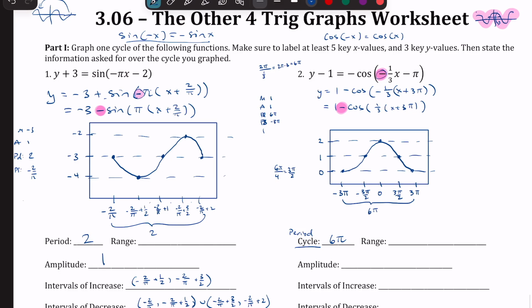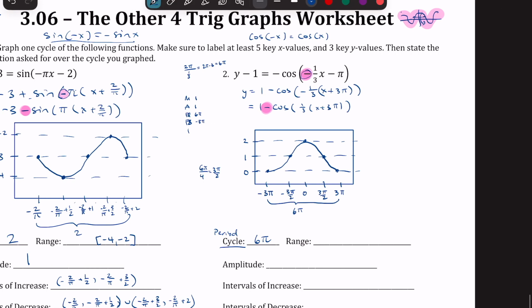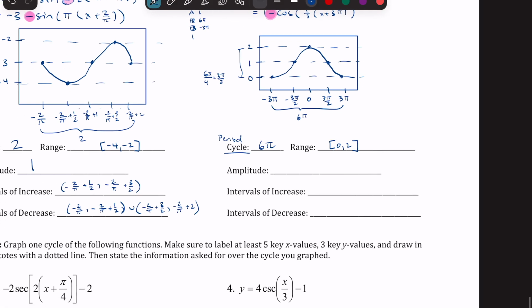Now, you know what? I forgot the range on this part over here. The range would be -4 to -2. Here, the range would be 0 to 2, because it's just this distance here. My amplitude we said was 1.